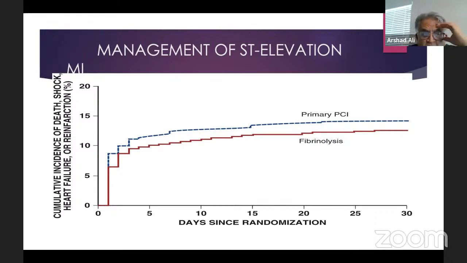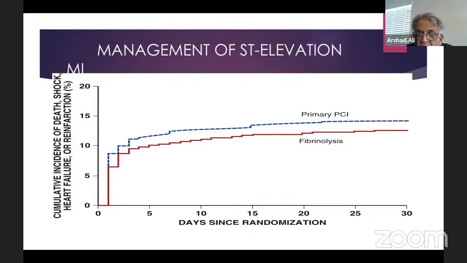And the same for all the other outcomes: cardiogenic shock, death, and heart failure or reinfarction. The benefit of the primary PCI is primarily due to the decreased incidence of reocclusion that happens with fibrinolysis, and decreased intracranial bleed or any major bleed, because fibrinolysis is associated with a higher incidence of intracranial bleed or any major bleed.